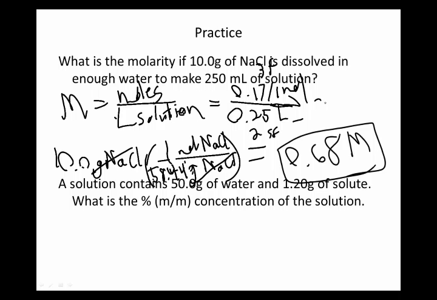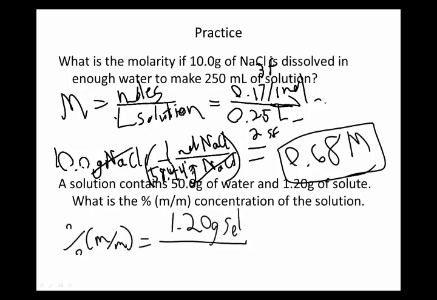So there you go. The second one. A solution contains 50 grams of water and 1.20 grams of solute. So, easy enough. Percent mass. The mass of solute is 1.20 grams of solute. Doesn't even matter what the solute is. Now, hopefully you were paying attention and you didn't just put 50 down here, because that would not be correct. What should go down there?